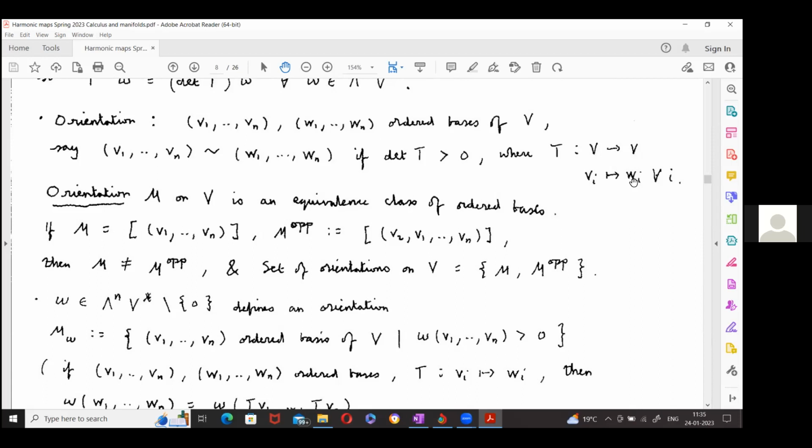All right. So then you say that these two are equivalent. Okay. So actually, geometrically, what does this equivalence relation mean?